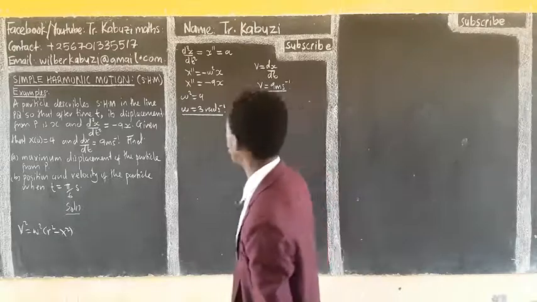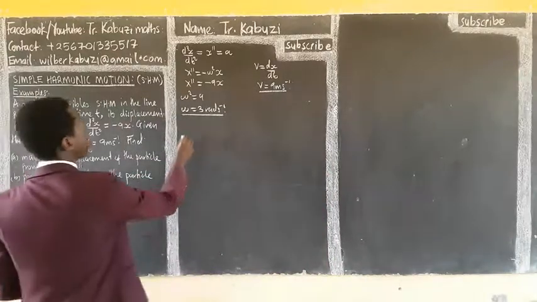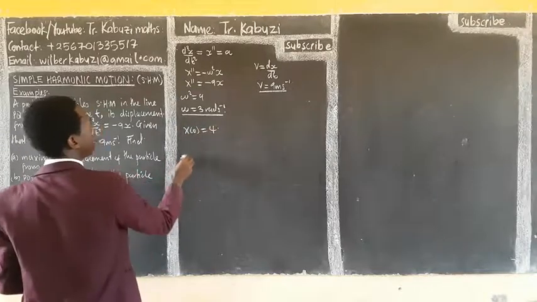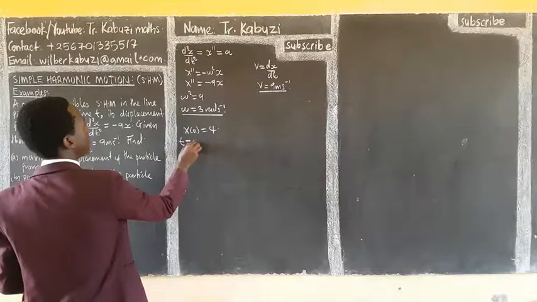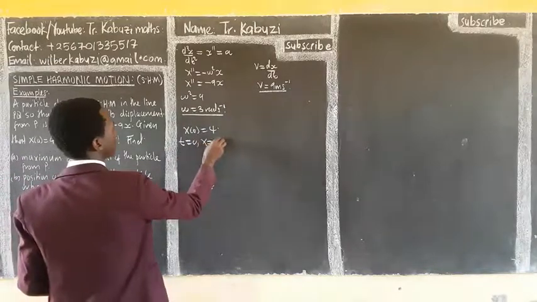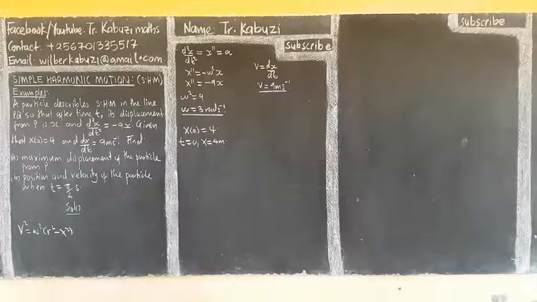Then they are giving us a condition here: x of 0 is equal to 4. It means that when t is 0, our x is going to be equal to 4 meters. So they want us to get the maximum displacement.